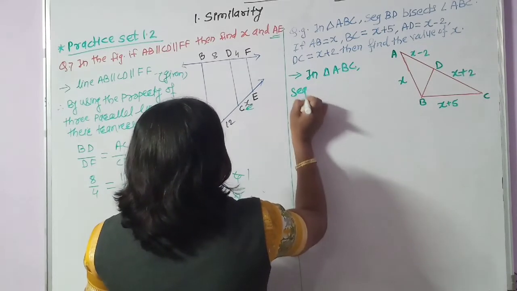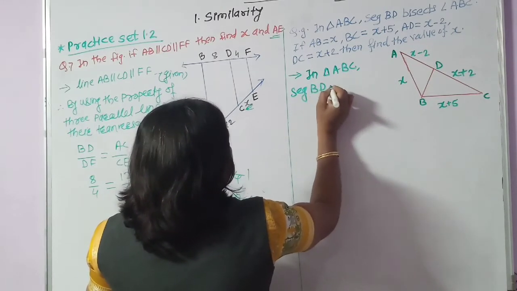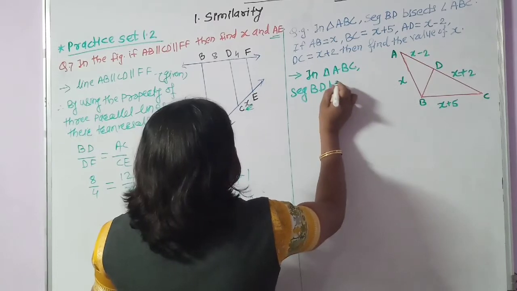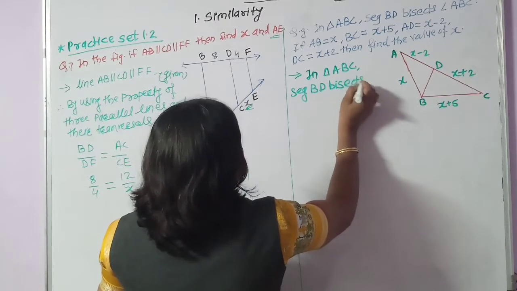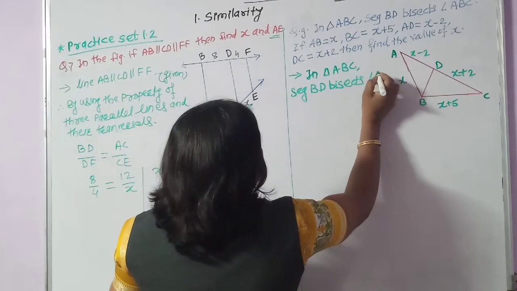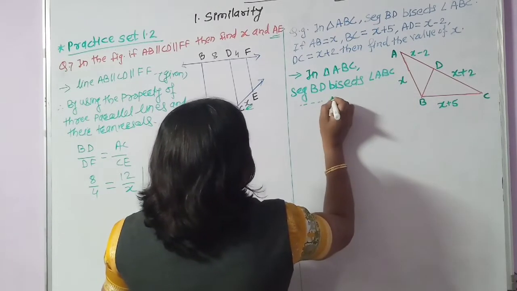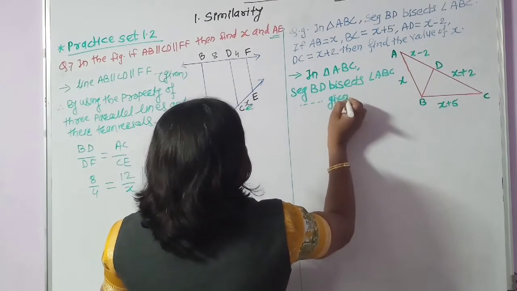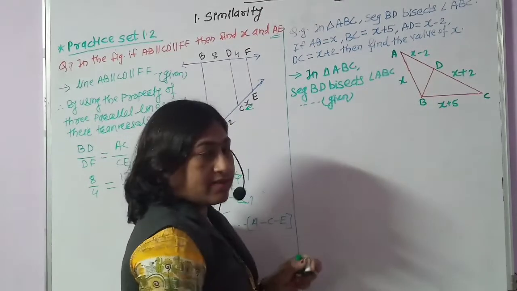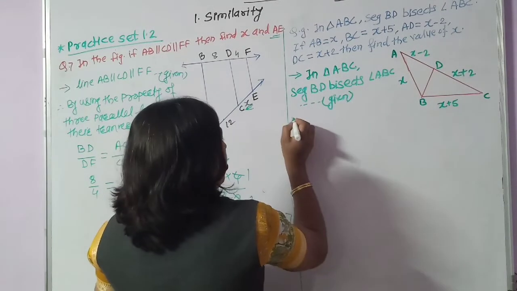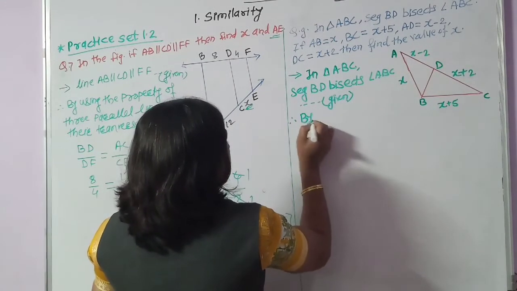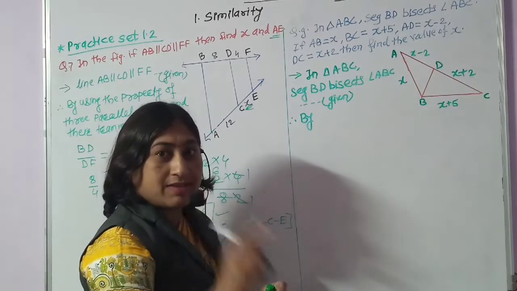Write first the given information: in triangle ABC, segment BD bisects angle ABC. This is the given information, we have to provide this. So by using which property? Angle bisector property.